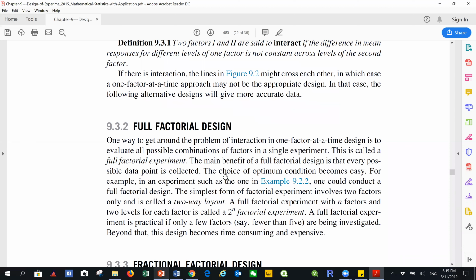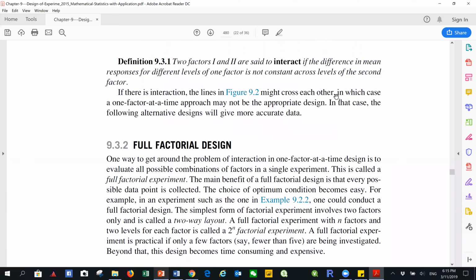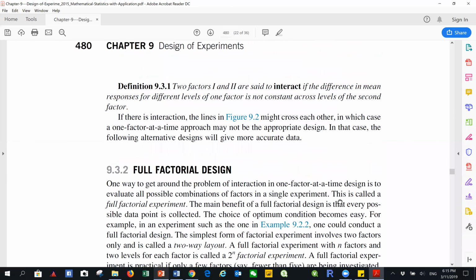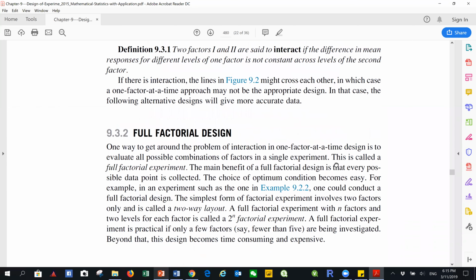For example, in an experiment such as 9.2.2, we conduct a factorial design. The simplest form of factorial design involves two factors only and is called a two-way layout. A factorial experiment with n factors and two levels for each factor is called a 2 to the power n factorial experiment.